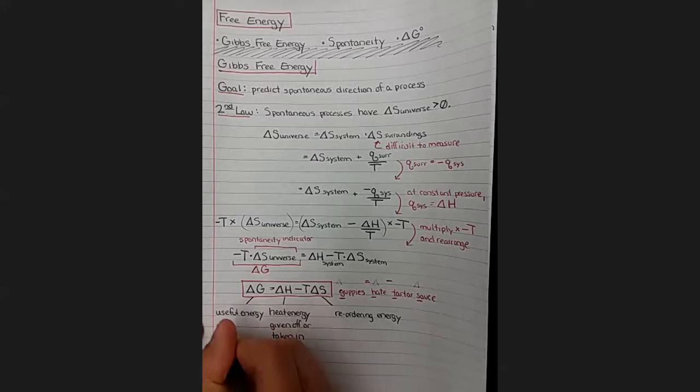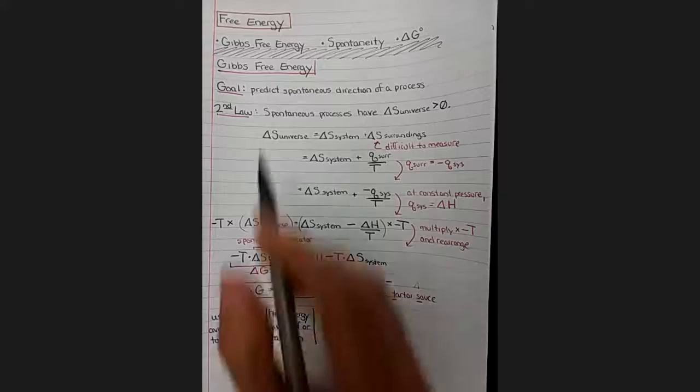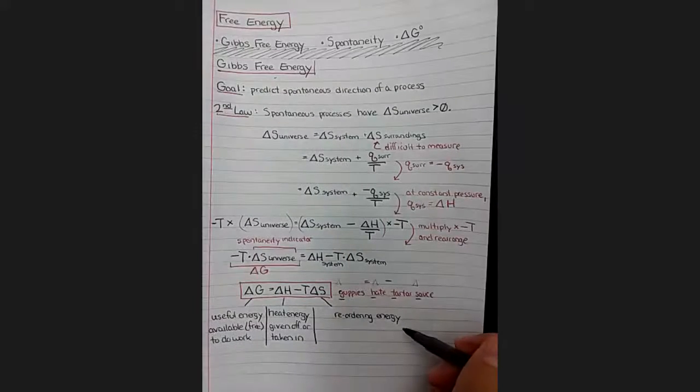It's the useful energy that's available or free to do work. So when we call this Gibbs free energy, we don't mean that it doesn't have a cost, because it absolutely does.